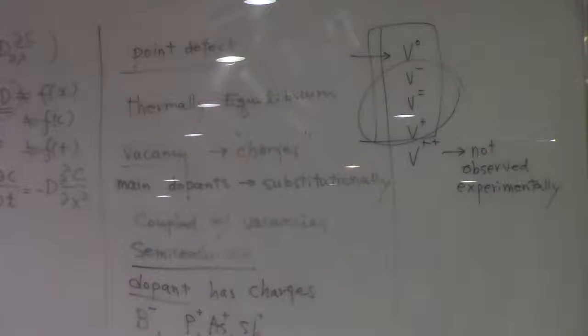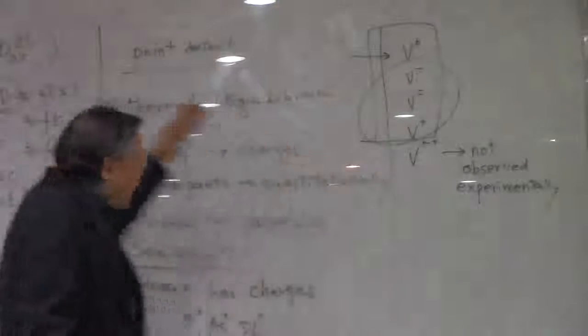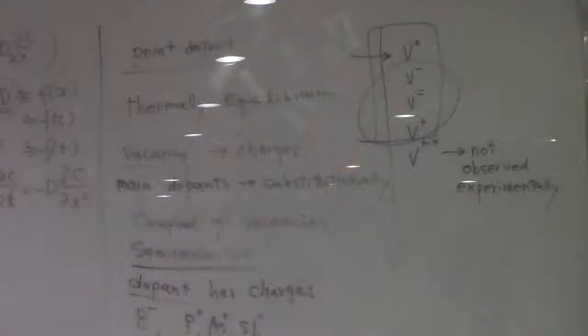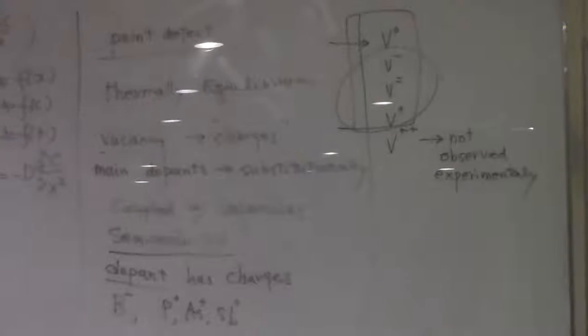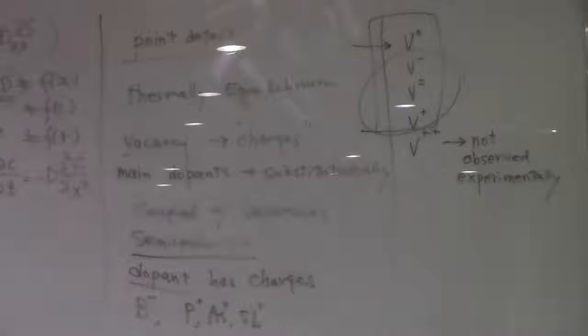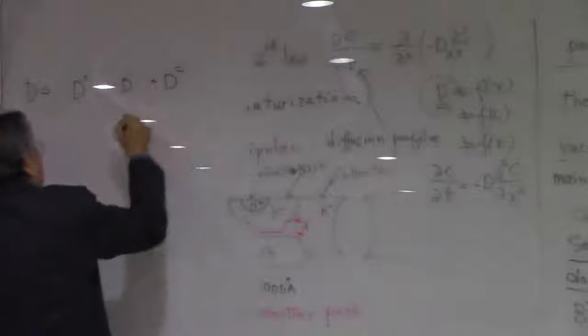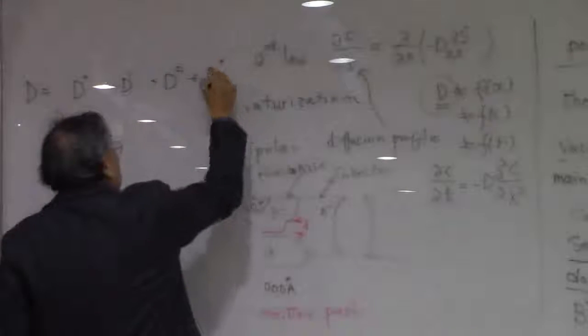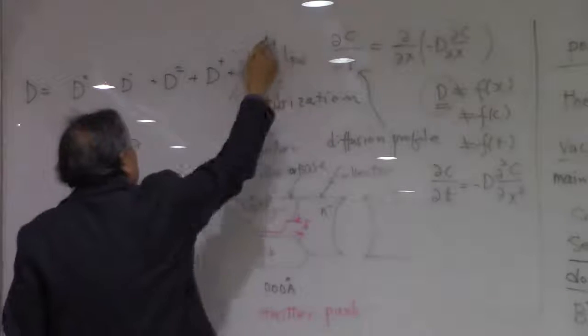So first we have to know what is the concentration of each charge, and the total diffusion coefficient is going to be related with each coupling, like the diffusion coefficient is neutral plus negatively charged, doubly negatively charged, and positively charged, and doubly positively charged, and we just neglect this.